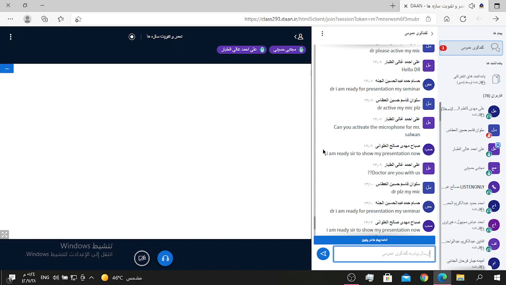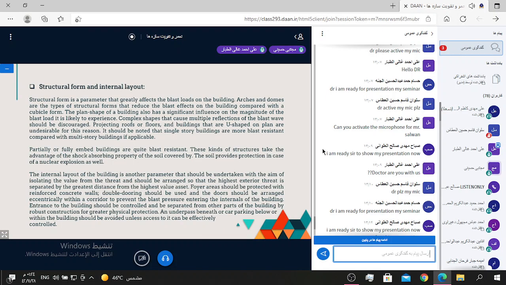Structural form and internal layouts. Structural form is a parameter that greatly affects the blast loads on the building. Vaults, arches, and domes are the types of structural forms that reduce the blast effect on the building compared with a cubic form. The plan shape of a building also has a significant influence on the magnitude of the blast load it is likely to experience.